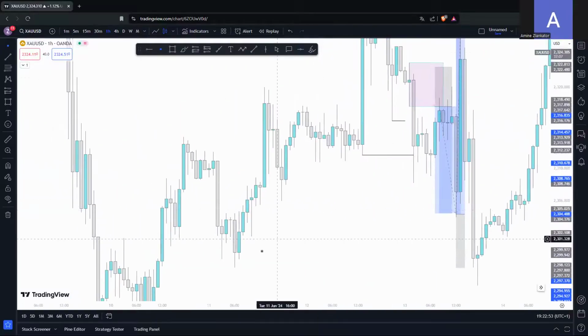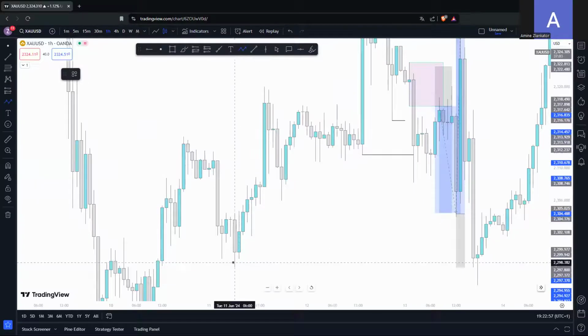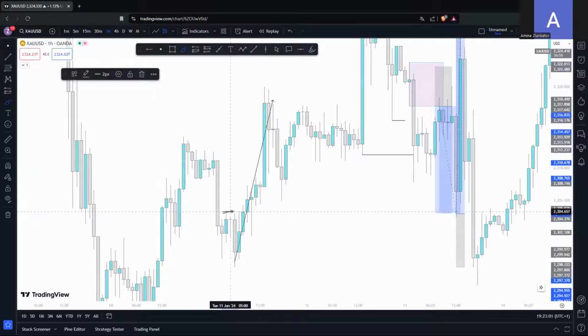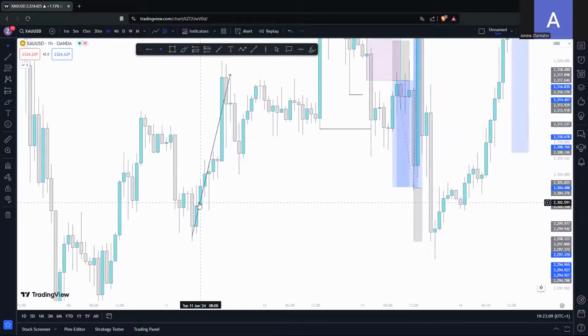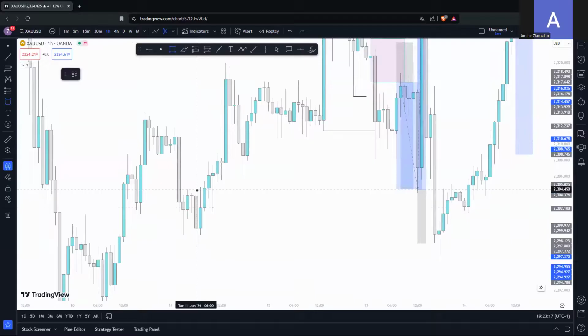Lower where? As you can see here, we had a bullish move that broke this A level right here, and broke this second A level here. We have a third breakout, fourth breakout. We have 4 breakouts. So what you do is you start with this bearish candle, right?